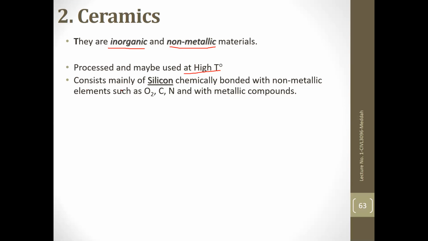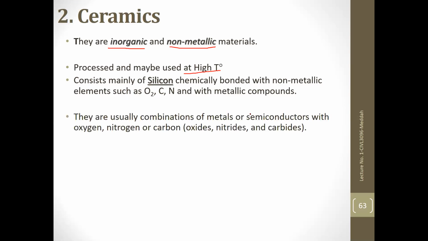Mostly ceramics are made with silicon. Silicon, Si, is the main element that makes ceramic materials, bonded with non-metallic elements such as oxygen or carbon or nitrogen, and with metallic compounds.